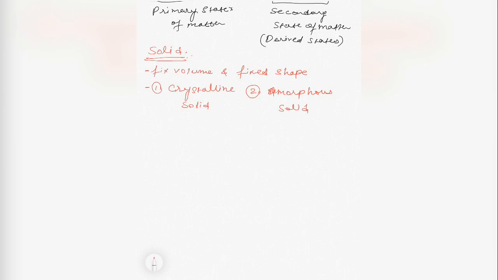Crystalline solids have a regular arrangement of their constituent particles in repeating units forming crystals. If there is a random arrangement of their constituent particles, they form an amorphous solid.